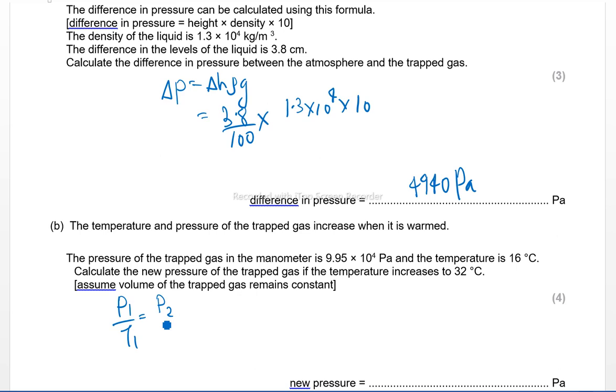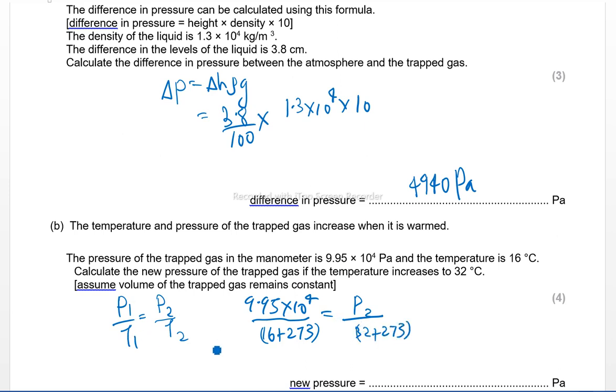So divide by T2. They say 9.95 into 10 to the power 4 divided by the temperature in Celsius 16, so 16 plus 273 to convert into Kelvin. You don't know the pressure, that's the thing you have to find, the new pressure. The temperature has gone to 32 degrees Celsius, right? 32 plus 273.